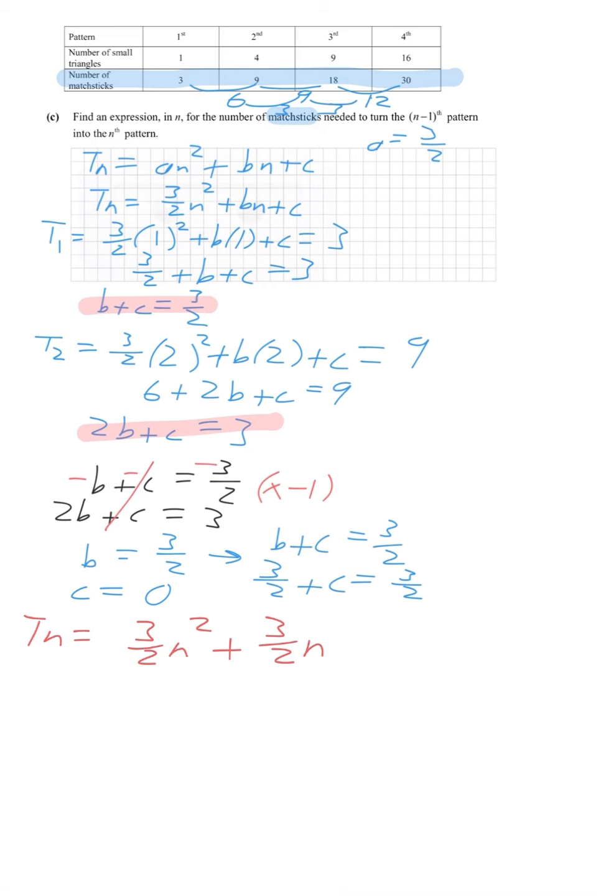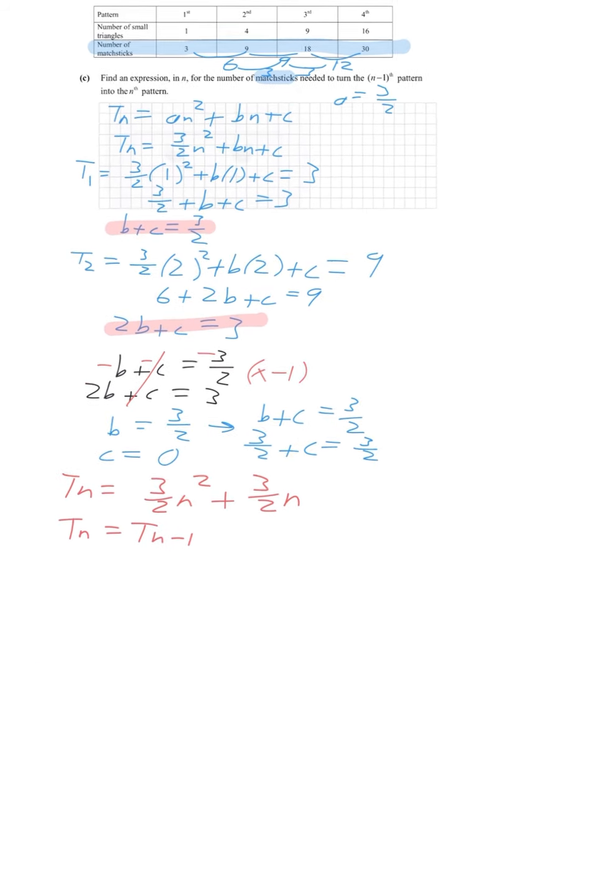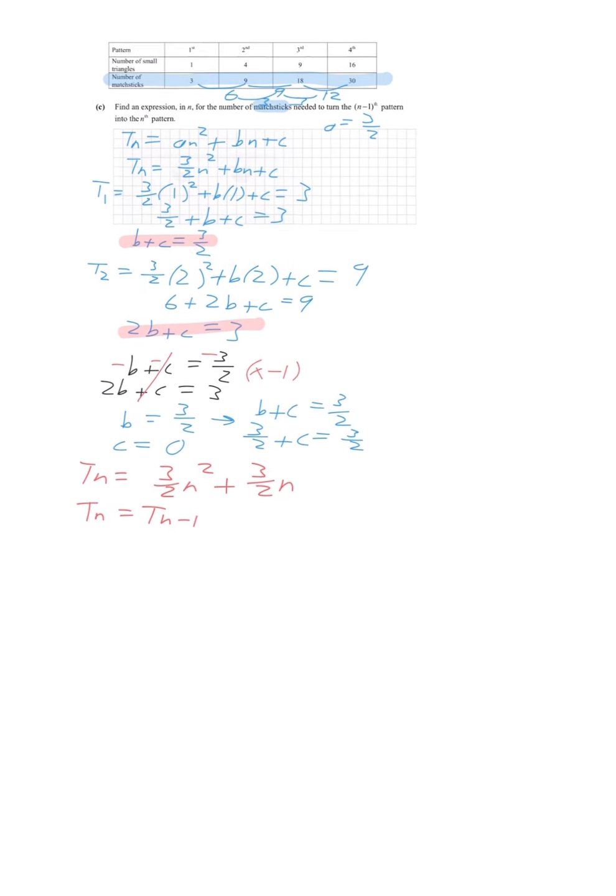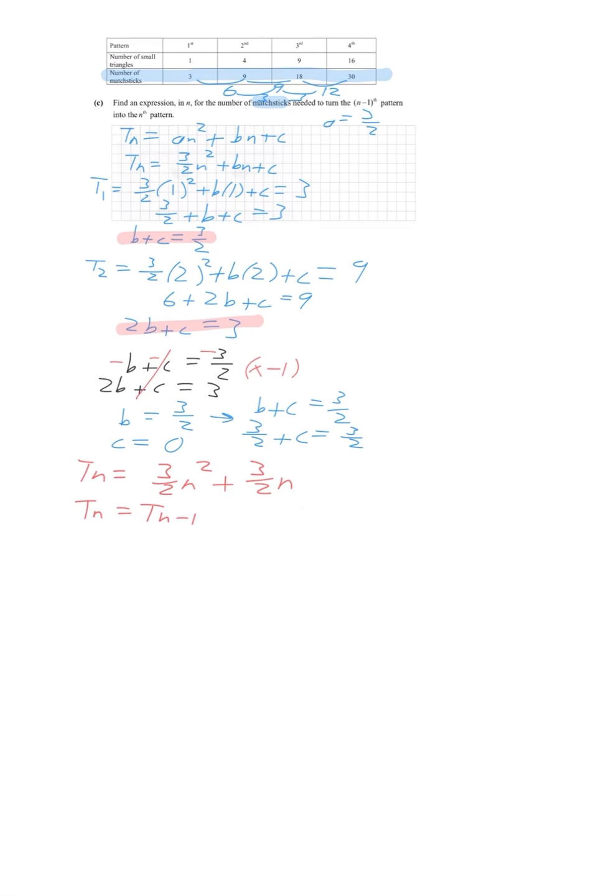And now going back to the question, we have to find an expression in n for the number of matchsticks needed to turn the n-1th term into the nth pattern. So that would be when I do Tn minus Tn minus 1. So I have Tn, so now let's get Tn minus 1.